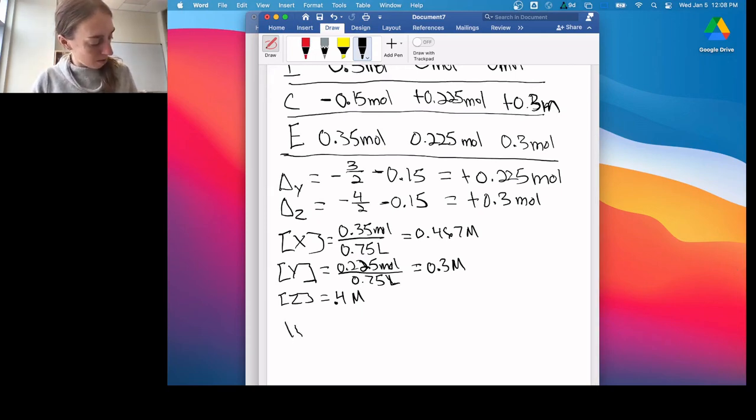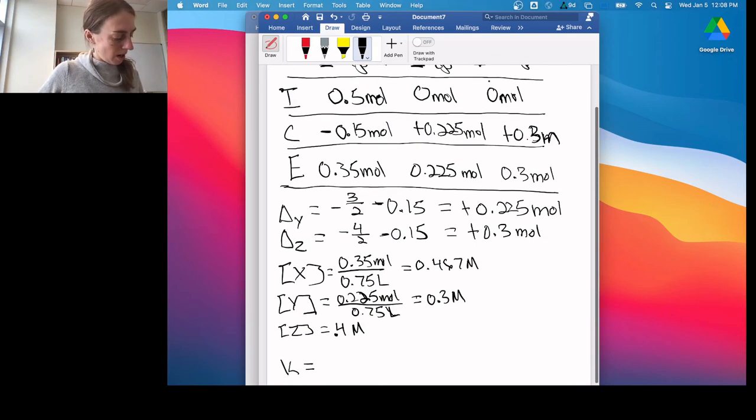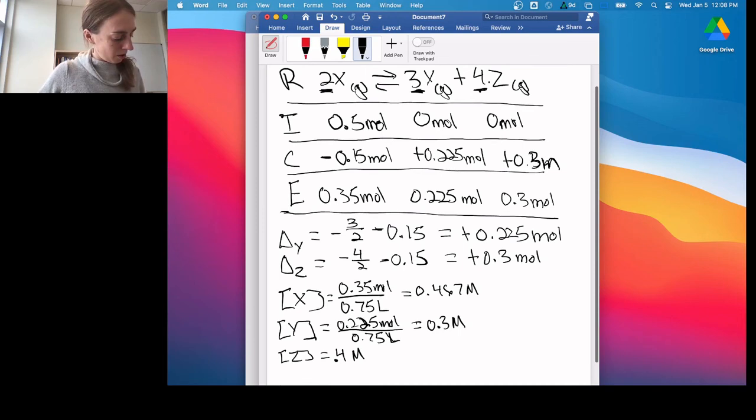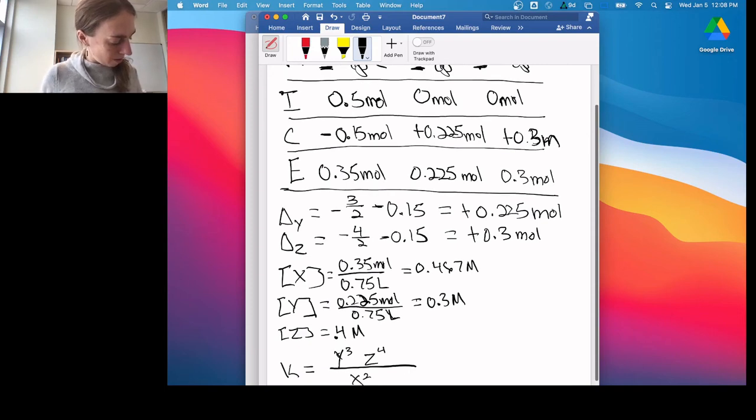Okay, so if we use our equilibrium expression here, we know that our equilibrium constant, coming back to our stoichiometry, we have 2X, 3Y, and 4Z. So we have here products over reactants. So we have Y cubed times Z to the fourth all over X squared.